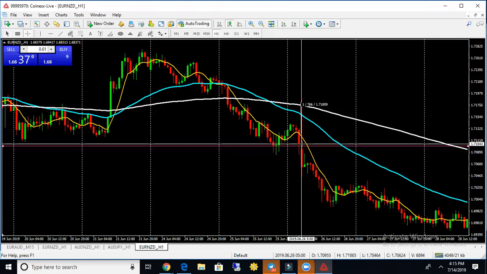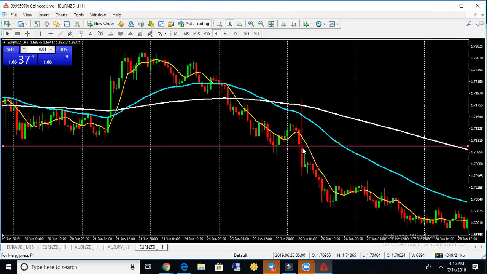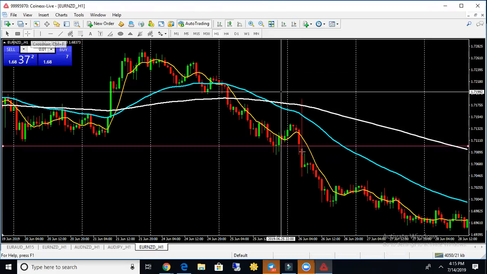It came down. Matter of fact, here actually, yeah, it went up first. I don't think it went down first. It went up and then went down. The market can be crazy like that.